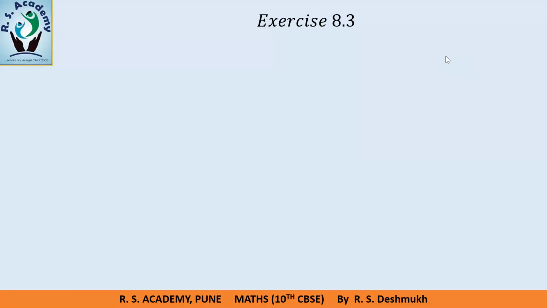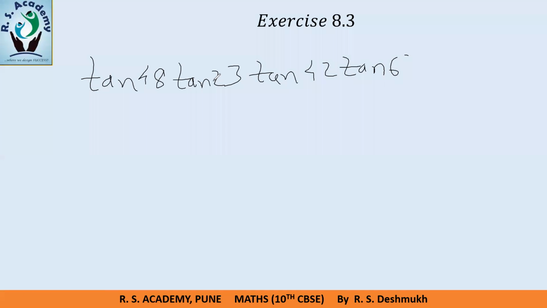Question is tan 48, tan 23, tan 42 and tan 67 is equal to 1. The first thing, observe it carefully.